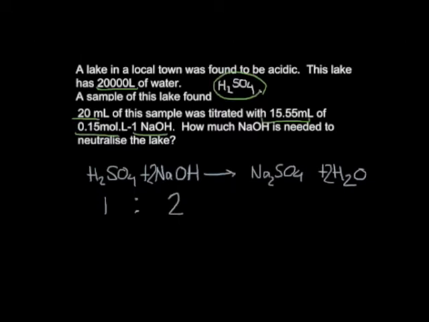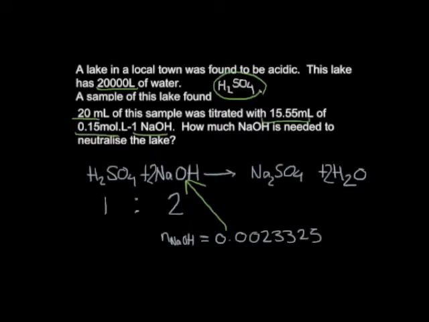Alright, we need to now look back to our formula and think about what we've done. So we've calculated the number of moles of sodium hydroxide, and we found that that was equal to 0.00233325. Fantastic. Now we know that it takes 2 moles of sodium hydroxide for every 1 mole of H2SO4.